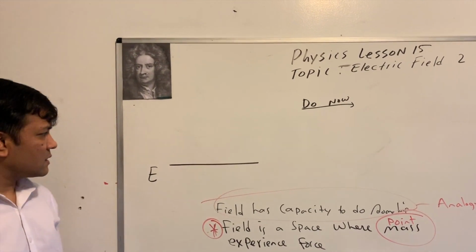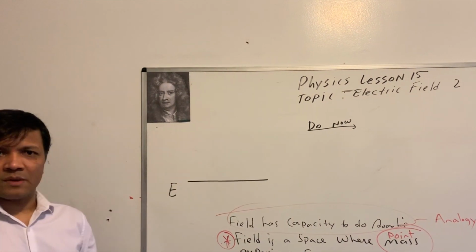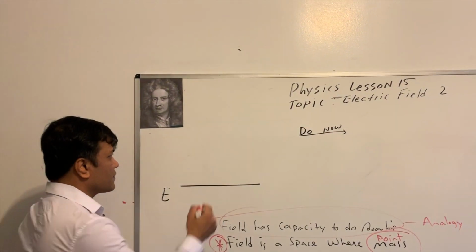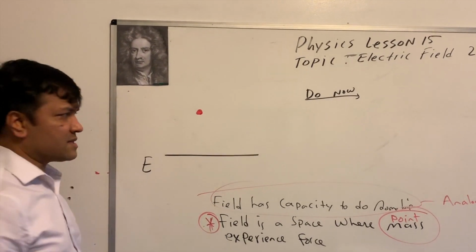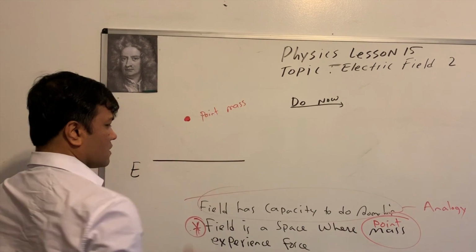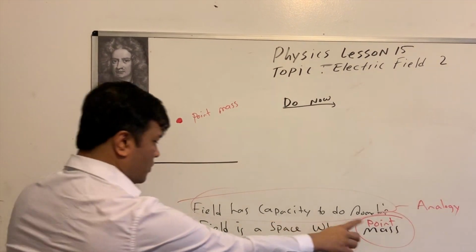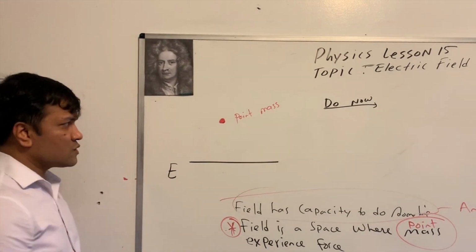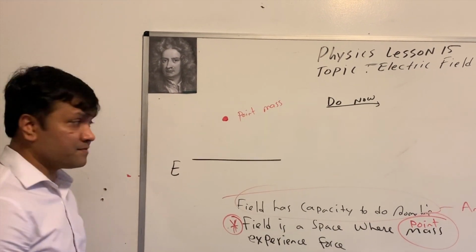What are we talking about? Is there any point mass? We have the Earth, but where is the point mass? Let's put a point mass. This is a point mass. Field is a space where point mass experiences force. So this point mass now experiences force. What direction?